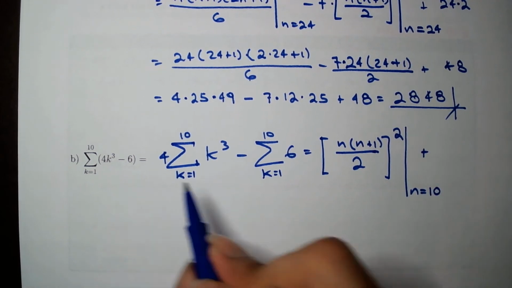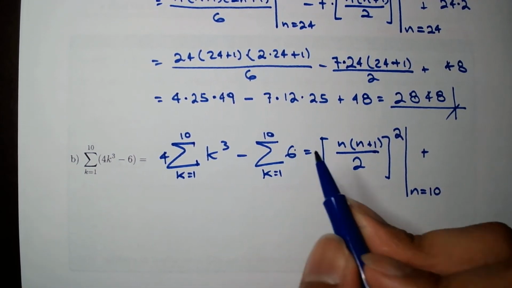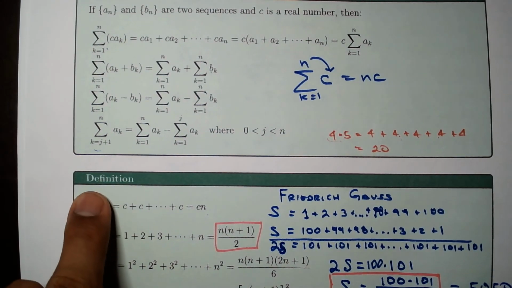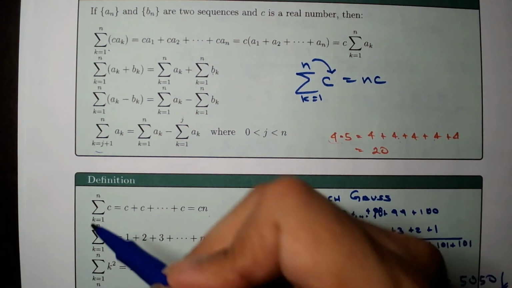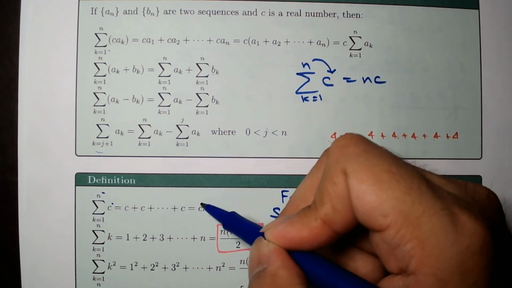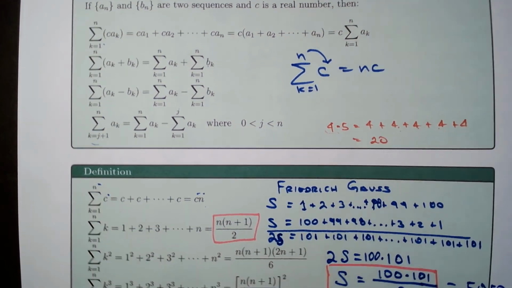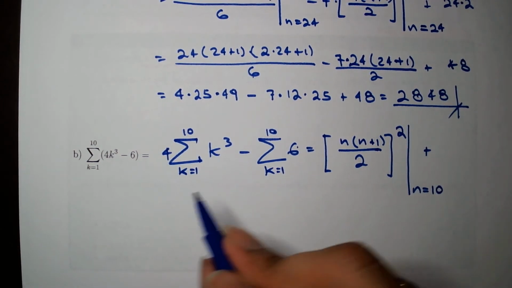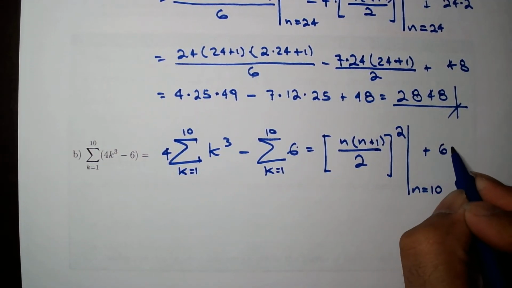And then plus 10 times 6. When we have the sum of some constant from k equals 1 to n, all we do is multiply n times c, or c times n, either way. Keep in mind, multiplication is commutative, so it doesn't matter. So 10 times 6, that's 60.